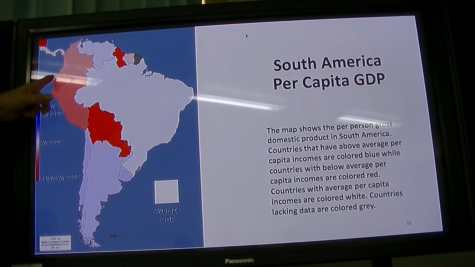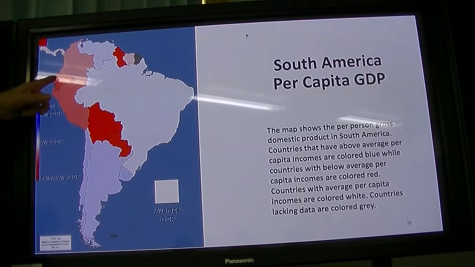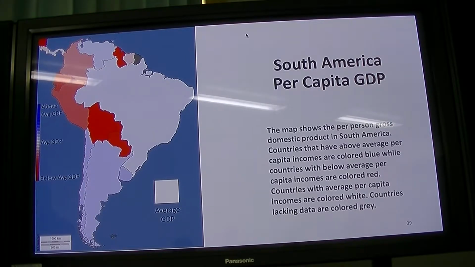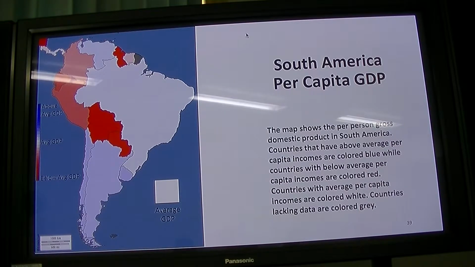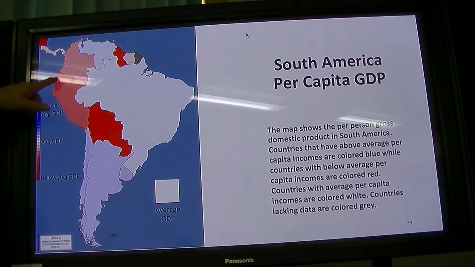This has a fair bit of oil. I don't know a lot about this country. It's curious. It's a country that hasn't had a lot of conflict, and yet it's relatively poor. That's an interesting one for anybody interested in investigating why. That's one that for me, I don't quite understand what the picture is.